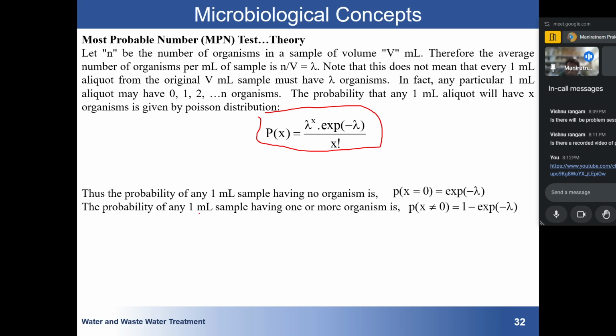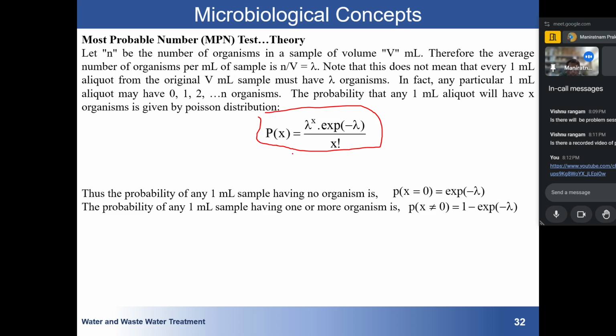Thus, the probability of any 1 ml of sample with no organism: suppose x is 0, then the probability that the 1 ml we have taken does not contain any organism is given by P(0), that is e^(-lambda). X will be 0, so lambda^0 is 1 and 0! is 1, leaving e^(-lambda). And the probability that 1 ml of sample has one or more organisms will be 1 minus the probability that no organism is there.